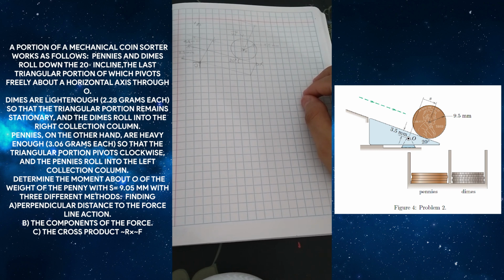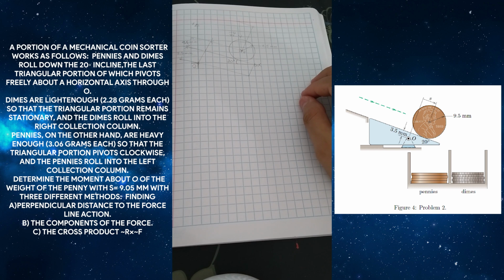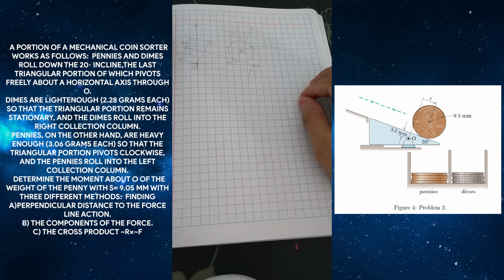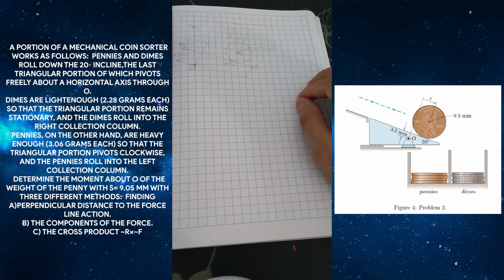Pennies, on the other hand, are heavy enough, 3.06 grams each, so that the triangular portion pivots clockwise, and the pennies roll into the left collection column.